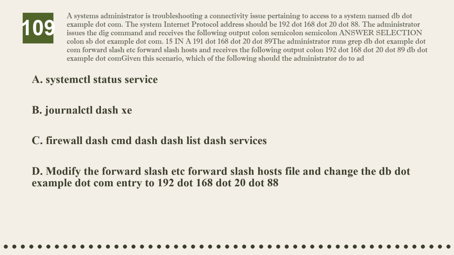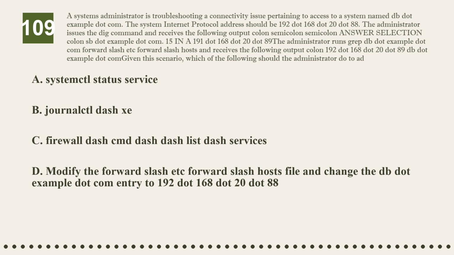The administrator runs grep db.example.com /etc/hosts and receives the following output: 192.168.20.89 db.example.com. Given this scenario, which of the following should the administrator do to address this?